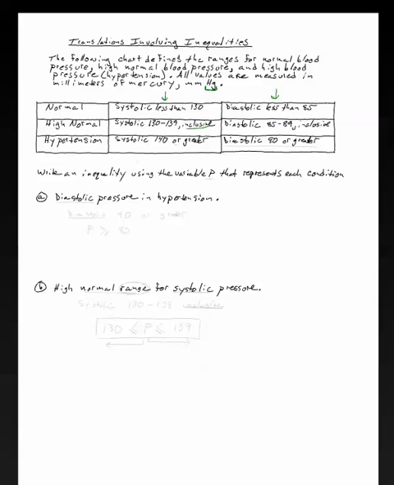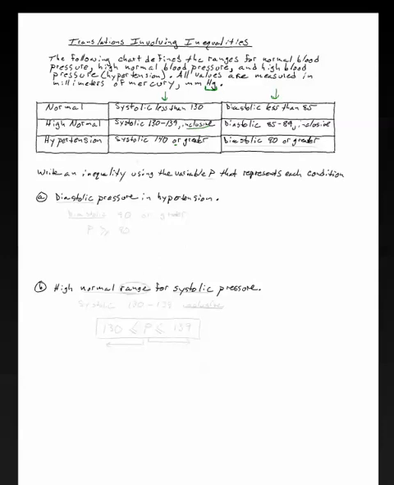And then finally, hypertension has a systolic pressure of 140 or greater, and a diastolic of 90 or greater. So understand when it says systolic 140 or greater, the 140 is included because of the or statement. And when it says diastolic 90 or greater, because of that or, we know that the value of 90 is included.